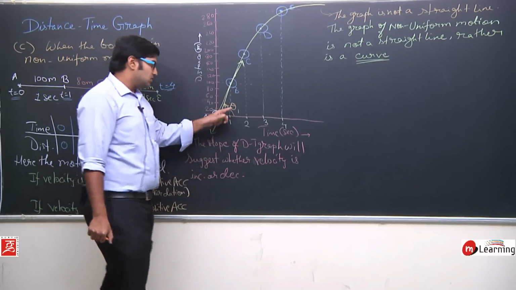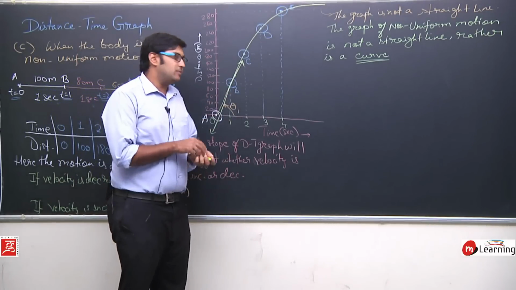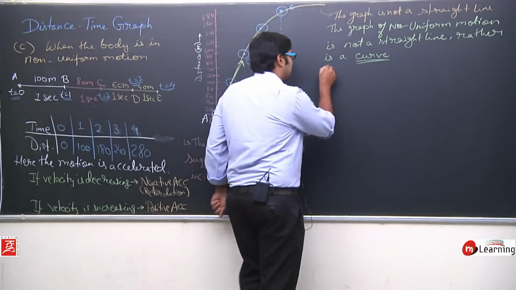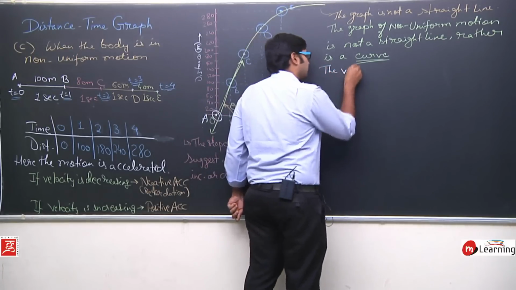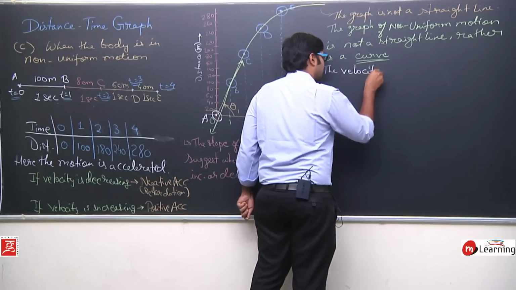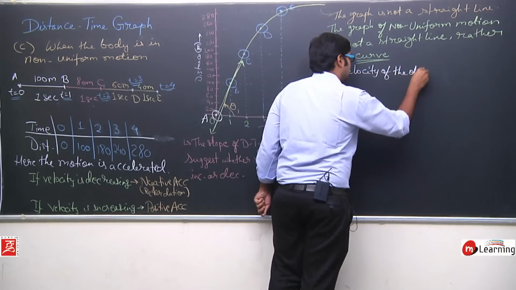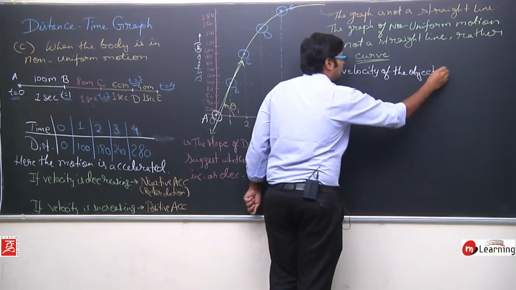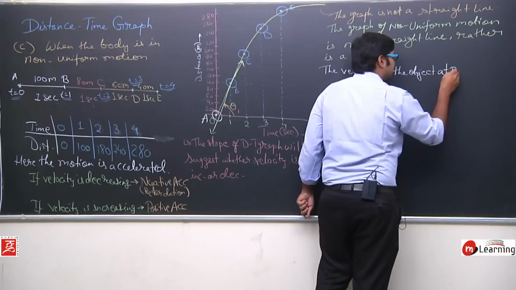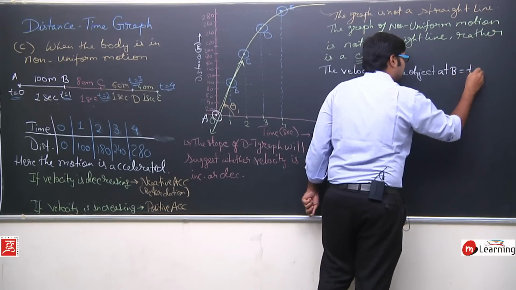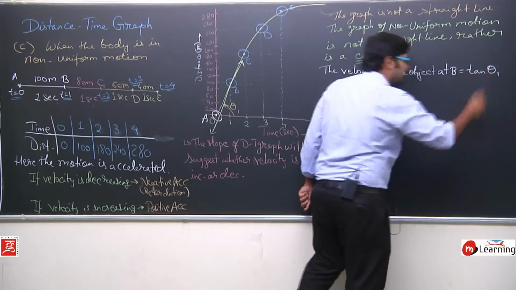Okay, so the velocity of the object at B will be equal to tan of theta 1.